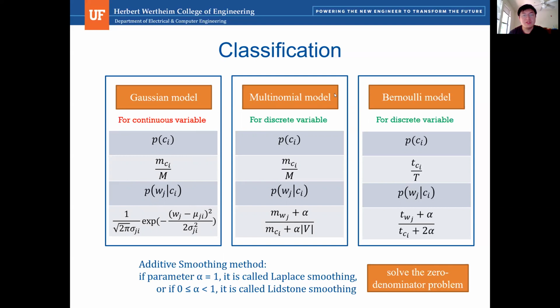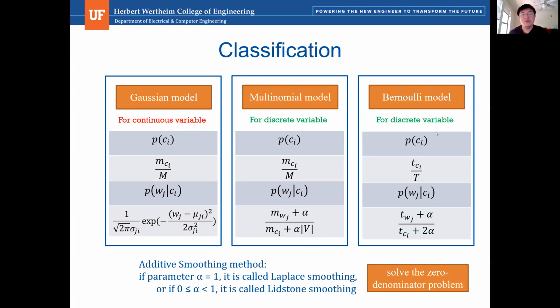Let's look at the multinomial model. In this model, MCi is the total number of words belonging to class Ci. MWj is the total number of times that Wj occurs in the whole text set. V is the set of the training word list, which means the number of different words.